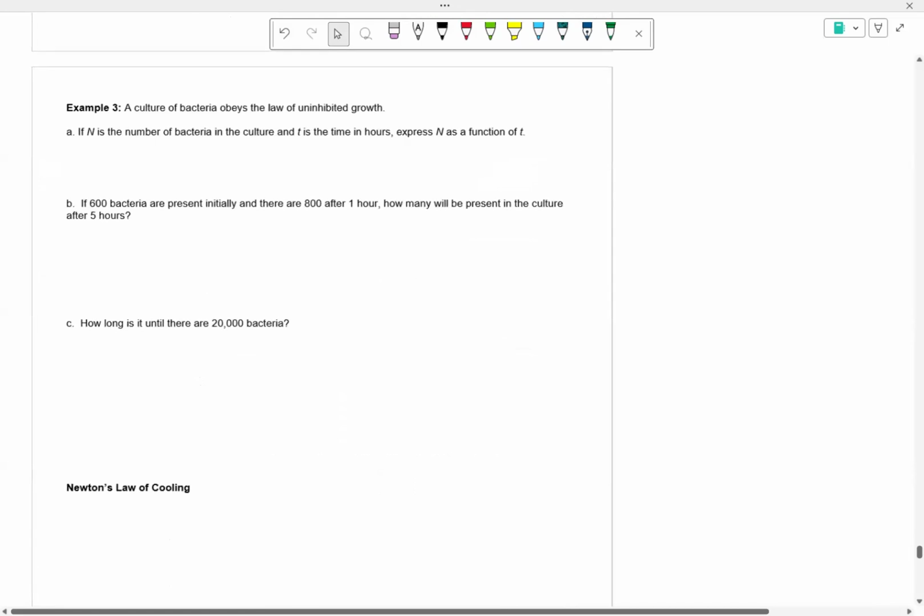This one, a culture of bacteria obeys the law of uninhibited growth. They didn't tell us a formula here. Could you write a formula for the population of the bacteria? Please use k for the growth rate and A for the starting amount.